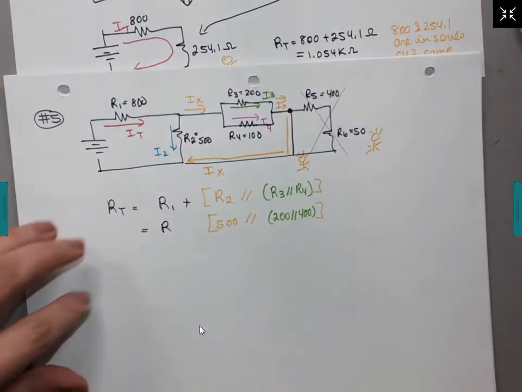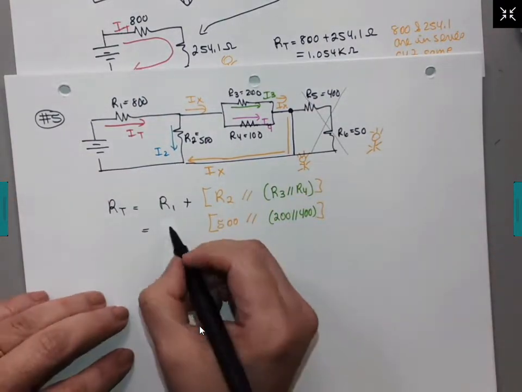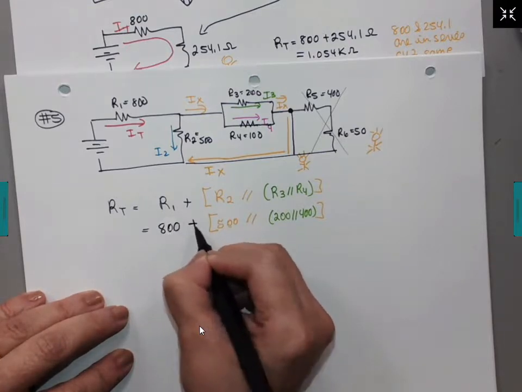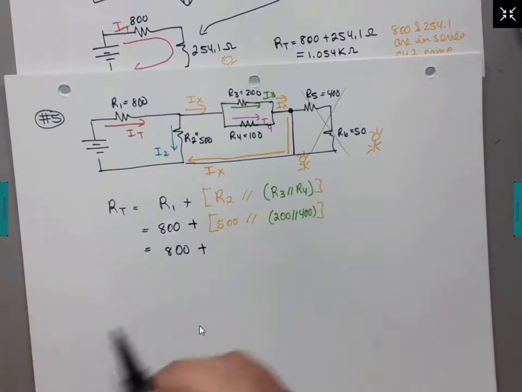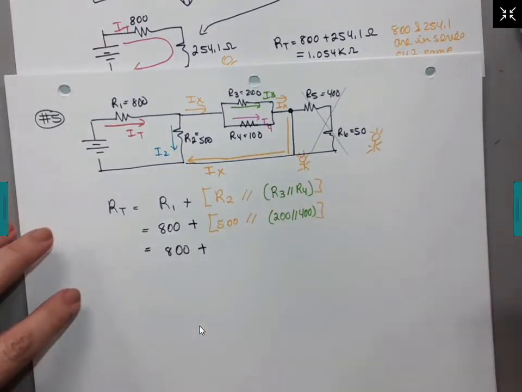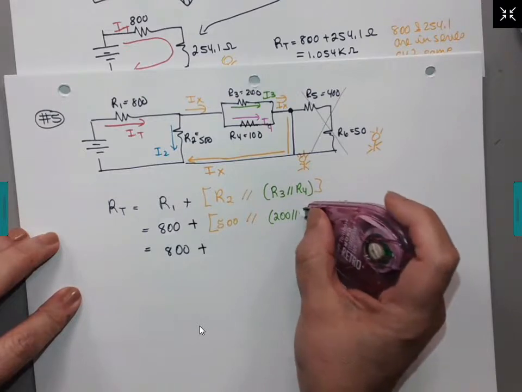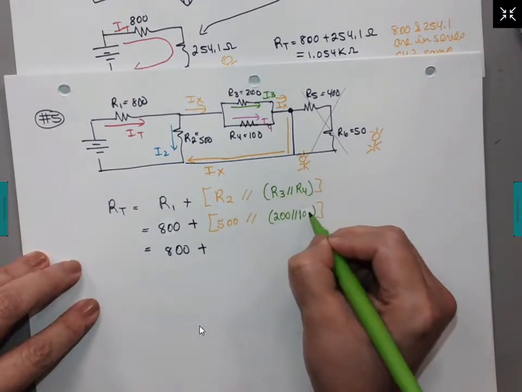So I'm showing you two different ways. Oh, R1 is 800. You could go redraw it every single time. Sometimes it helps. Sometimes it's more confusing. You have to be the judge of that. So 200 in parallel with, this is 100. I put 400. Did you guys see that? Oh, tell me. Keep me honest here. 100.